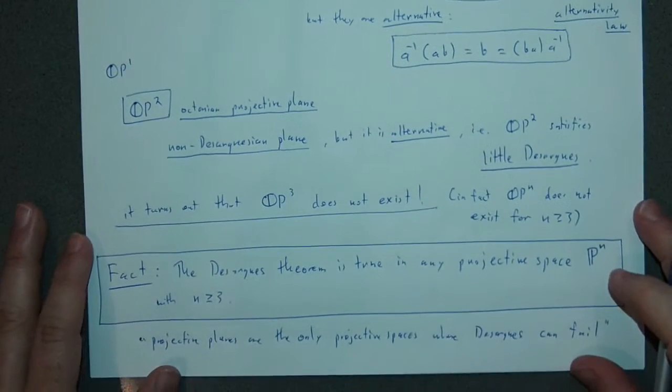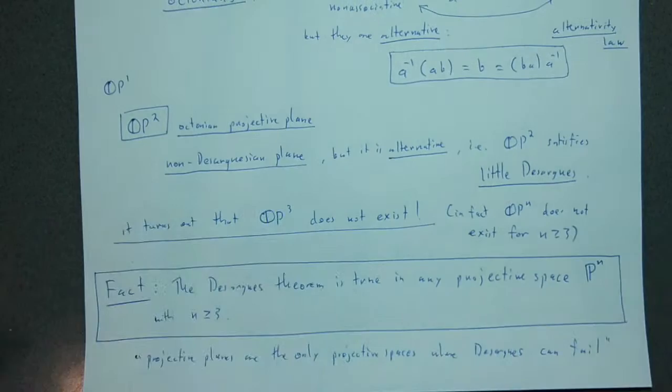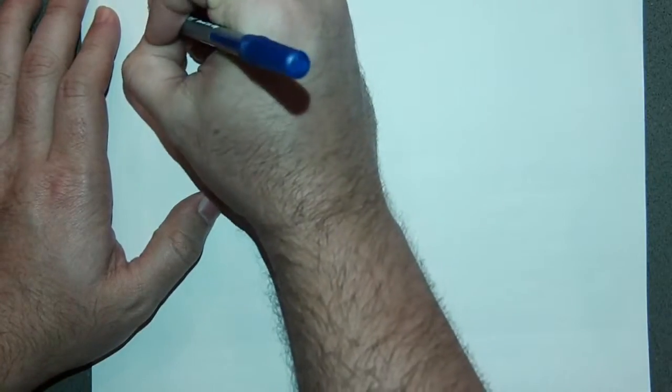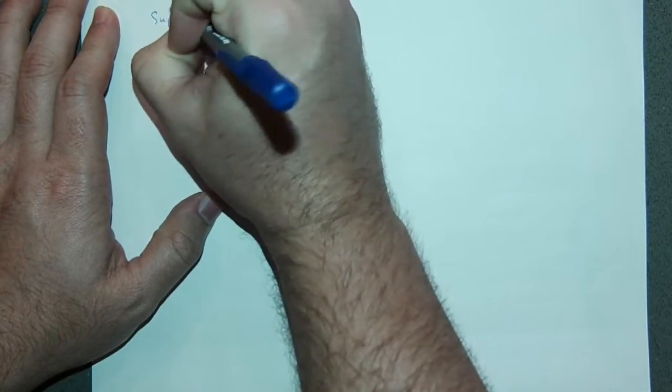So why does that prevent us from having an OP3 here? Well, suppose OP3 existed.